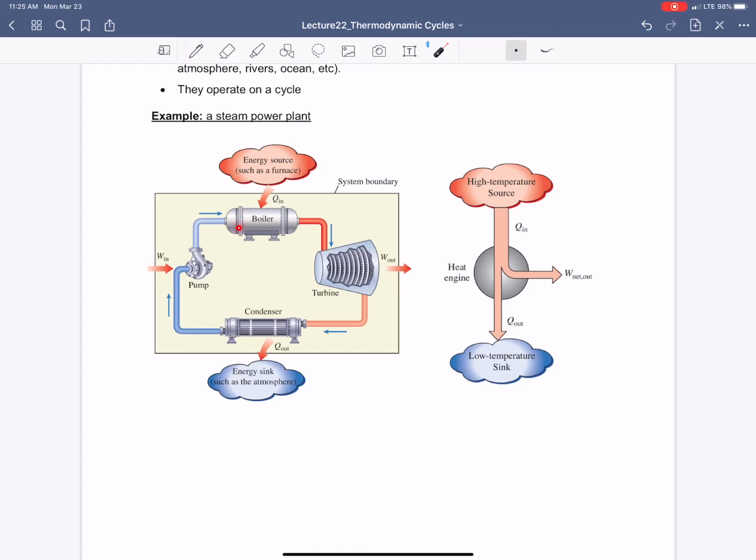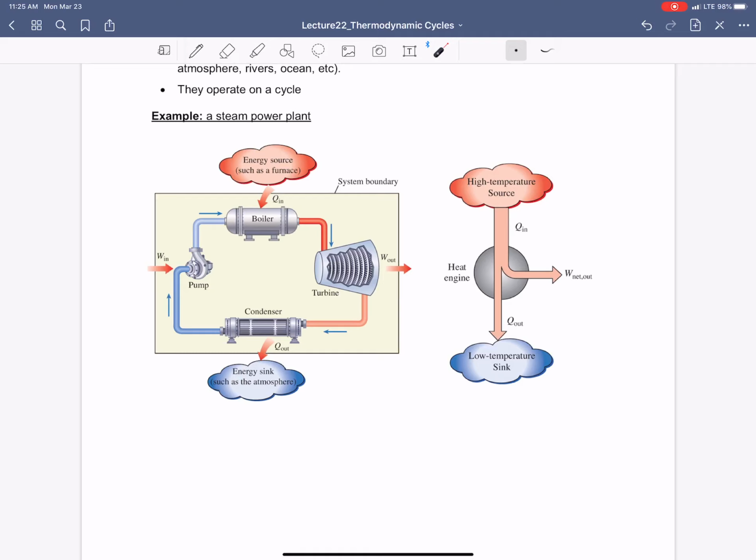Now this boiler is considered to be a heat source, where there is a certain heat transfer from the heat source to the cycle in terms of Q in. Similarly, we have a condenser in a steam power plant as a component that rejects heat to the environment, in this case the heat sink, such as the atmosphere or river or ocean and so on.